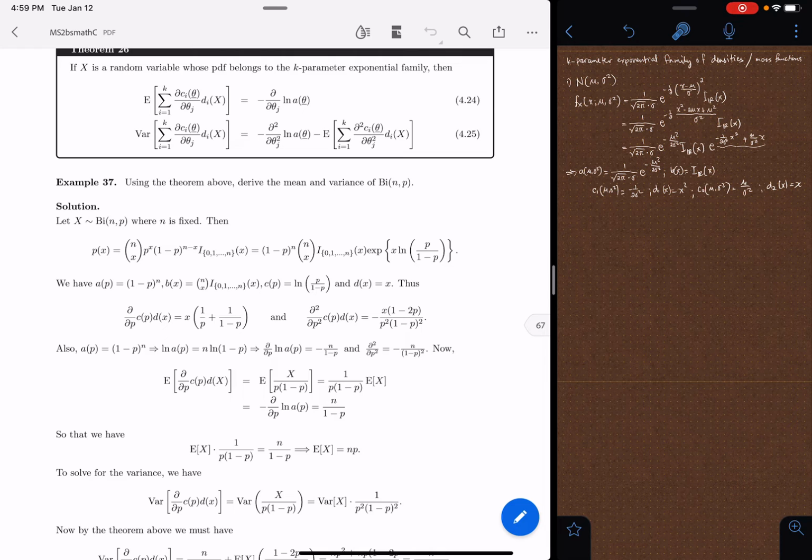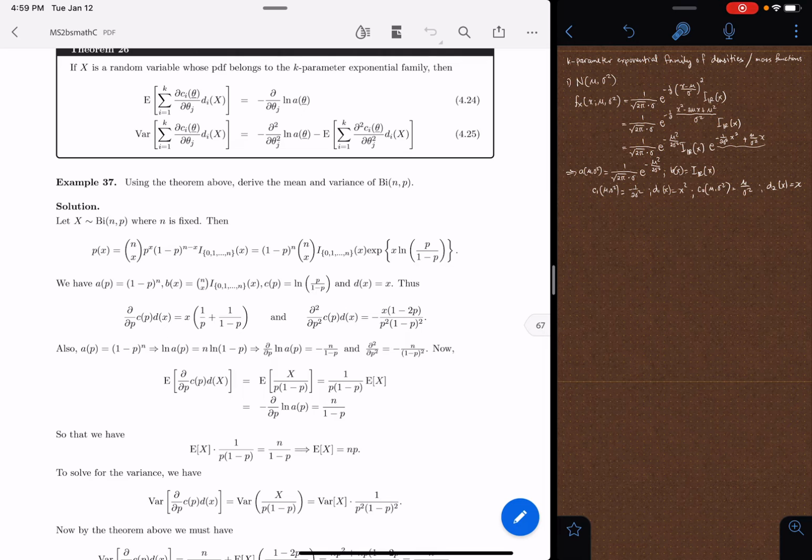Okay, so kunin natin yung partial. Isa lang naman yung parameter dito. So, we get the partial with respect to p of c of p times d of x. Yung c of p times d of x natin ay x ln of p over 1 minus p. Differentiate natin yan with respect to the parameter p.